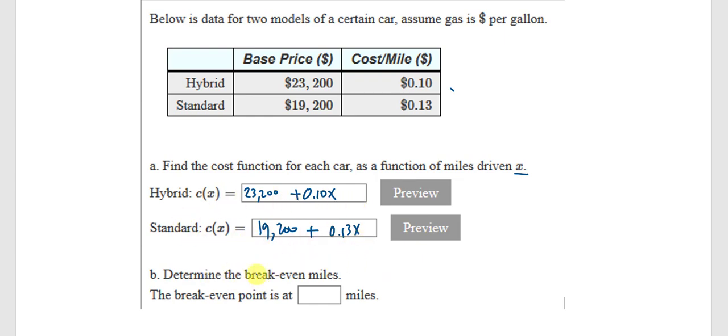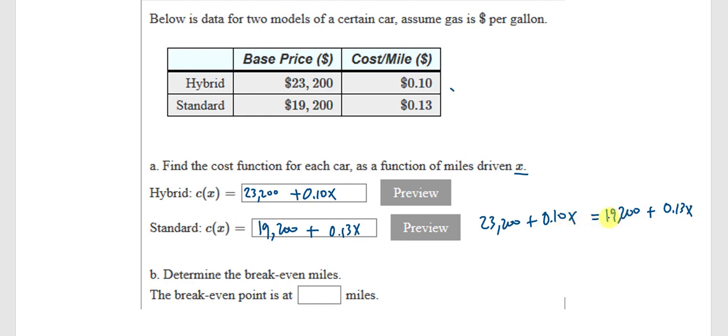And they ask you to determine the break-even miles. So you have to set the two cost functions equal, and then solve for the miles. I set the cost of the hybrid car equal to the cost of the standard car, 19,200 plus 0.13x. Now let's solve for x.